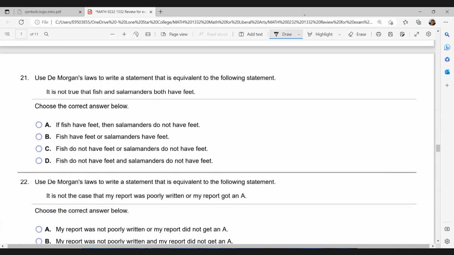Use De Morgan's law to write the negation. Okay, so what are De Morgan's laws?